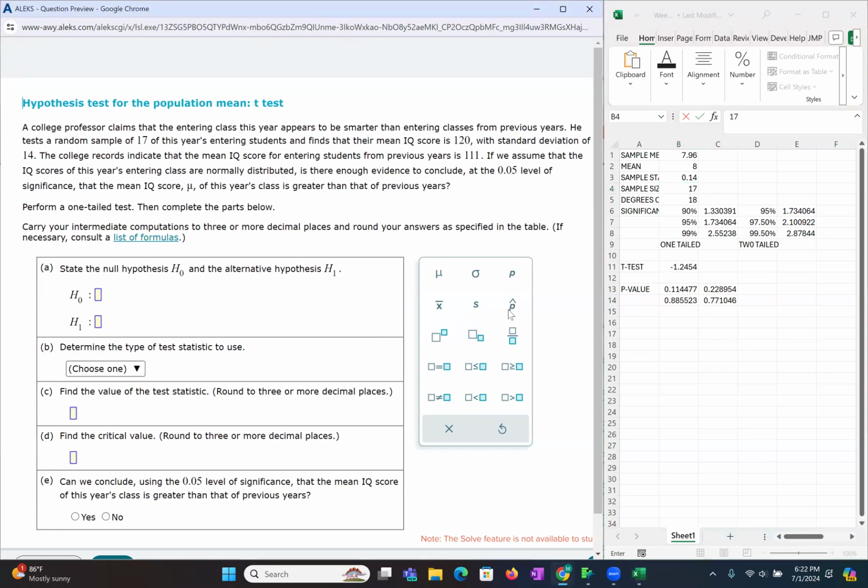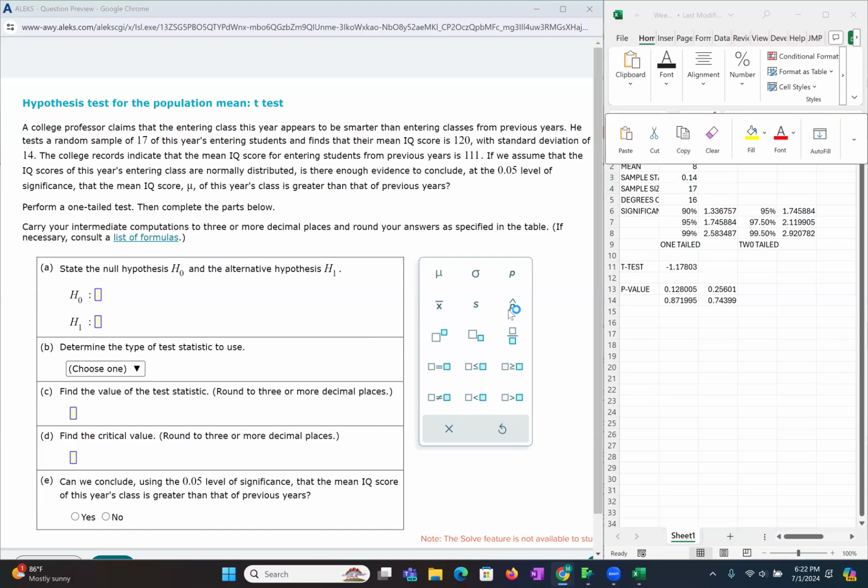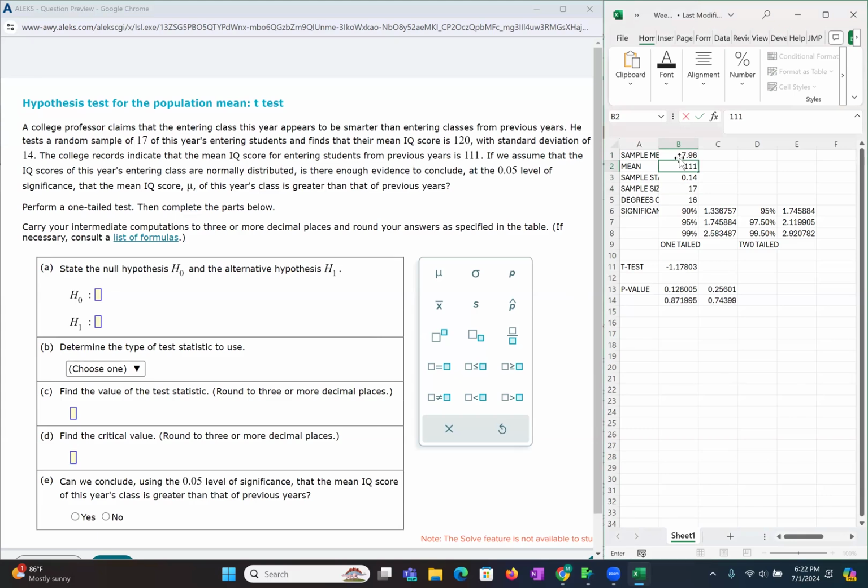So I think that this is the population mean itself, 111, and the sample mean is 120, and the sample standard deviation is 14. Any issues with that?